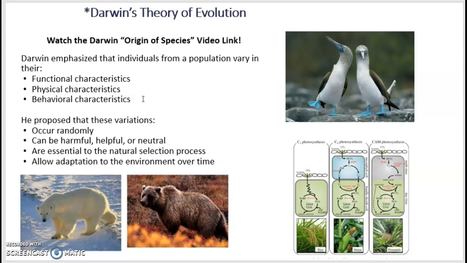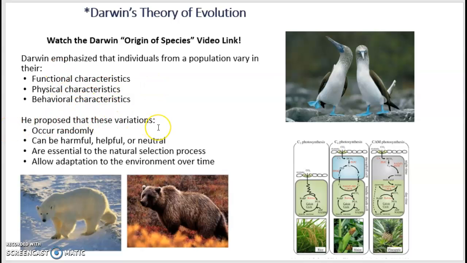Even though we're all the same species, there is variation. And there's different types of variation. There's variation in actual characteristics of what they look like. That's physical characteristics. There's variation in how their bodies perform. That would be a functional characteristic. So some people can handle sugar better than others, for example. And there's behavioral characteristics. Some people like to be more by themselves where others don't.